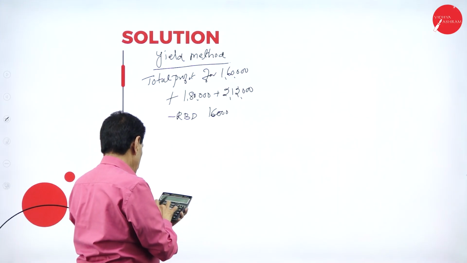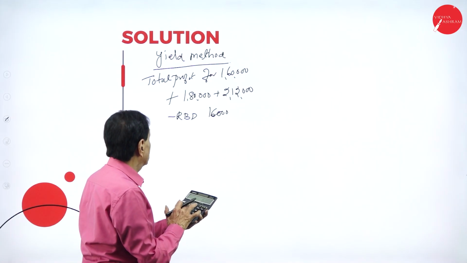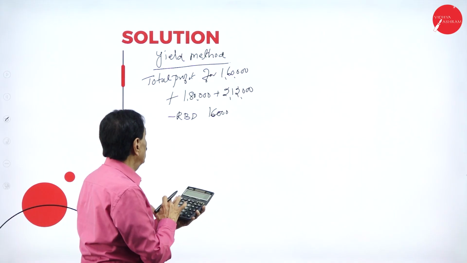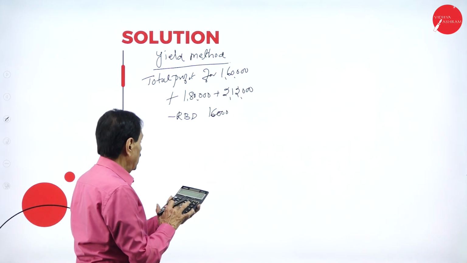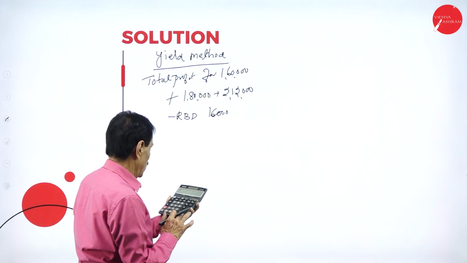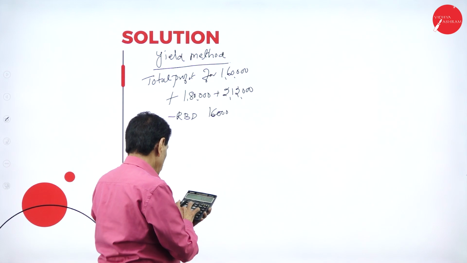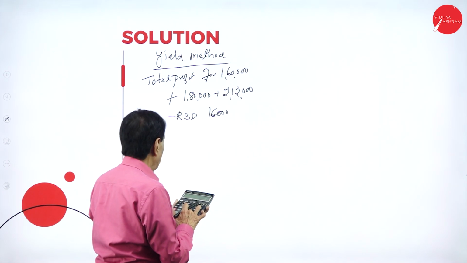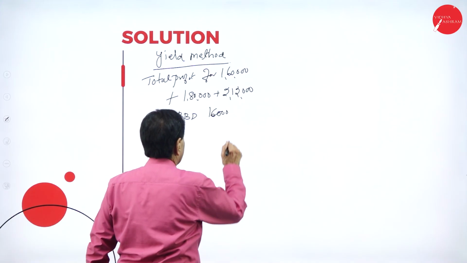So 1,60,000 plus 1,80,000 plus 2,12,000 minus 16,000 is 5,36,000.